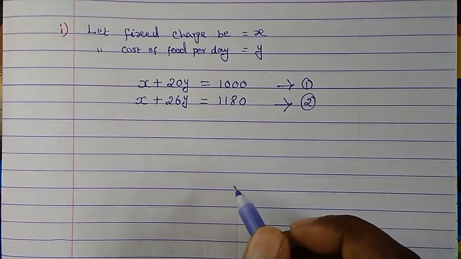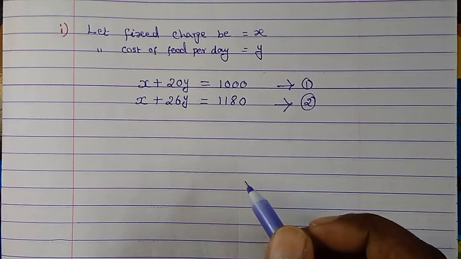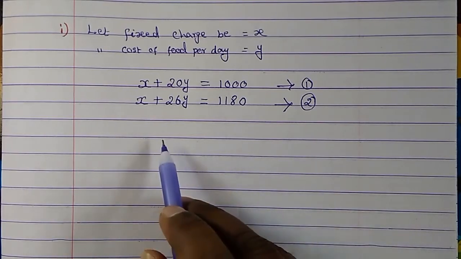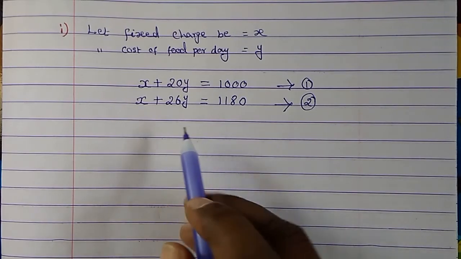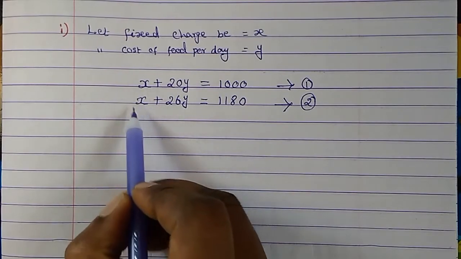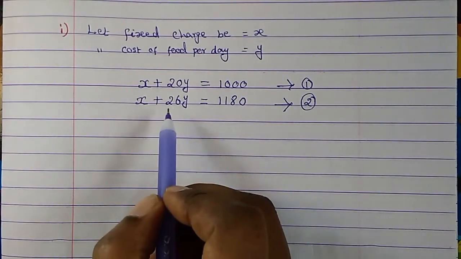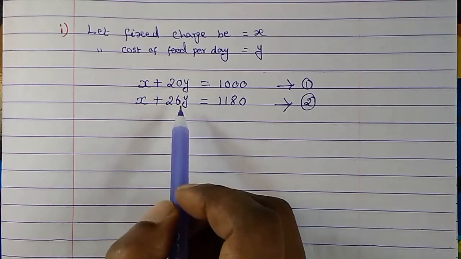Now it is said that you can use any method: substitution, elimination, or cross multiplication method. Whichever method you are comfortable with, you can use that method. Here I am going to use the elimination method because here the x coefficient is the same. So there is no need to make any changes. Directly we can subtract one equation from the other.